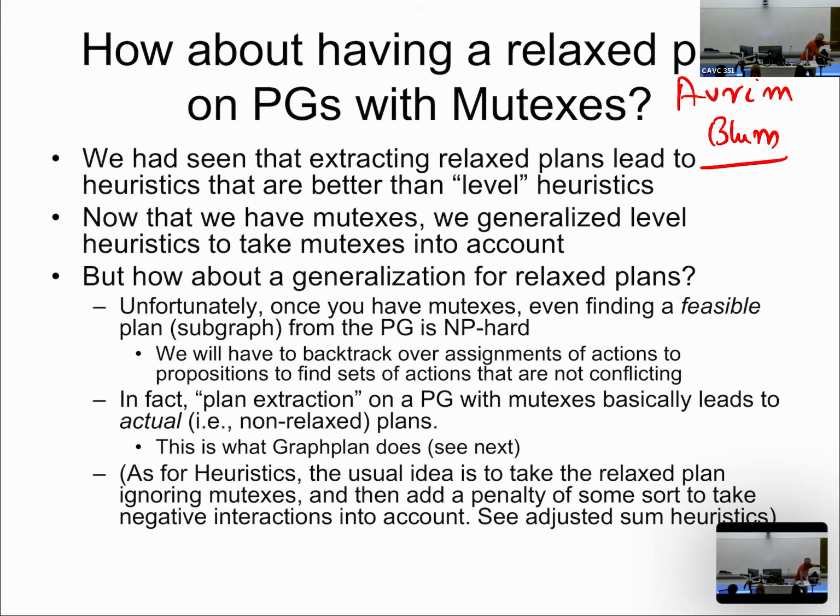And this can happen anywhere down the line in the subplan. So you will try to find a subplan. If you can't find it up to level K, then he expands it to K plus 1 and does the whole thing again. That was what's called Graphplan.